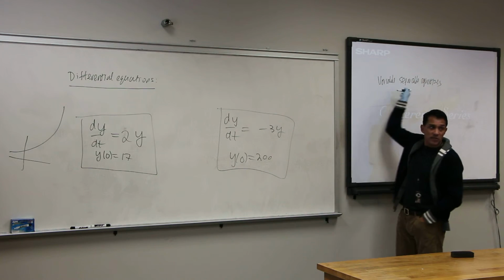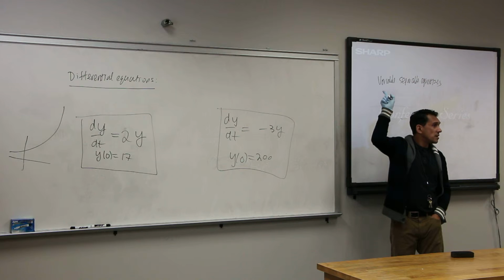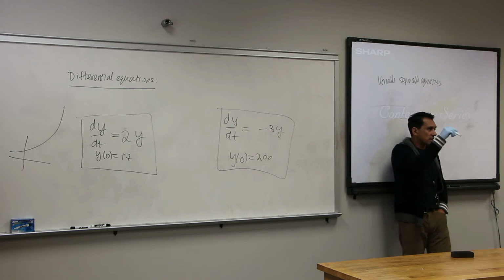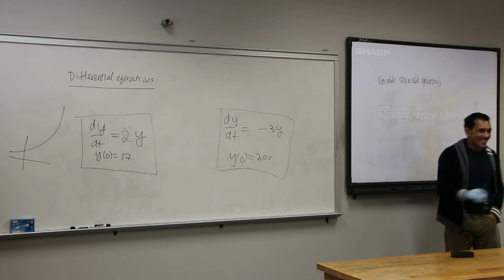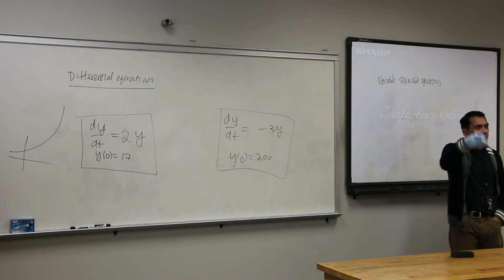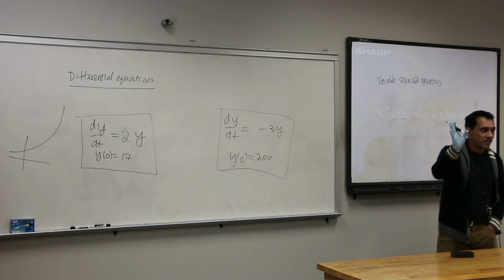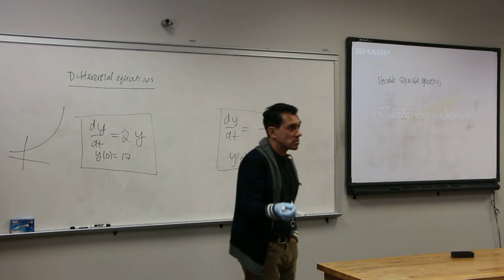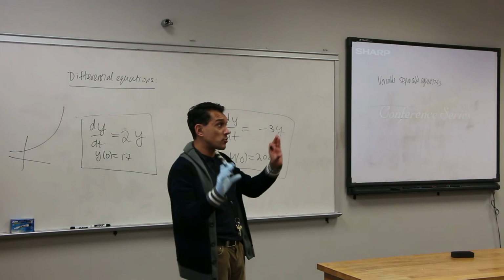And by equations, I mean what kind of equations? Differential equations. Right? All right. That's variable separable differential equations. Too many syllables there. Equations with derivatives, but you can separate the variables.